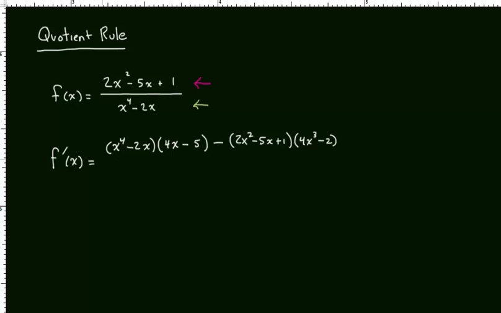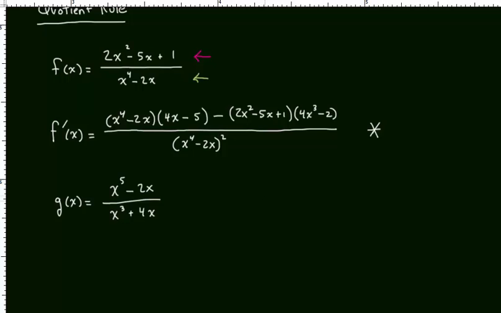And then notice when I said all over, that's reminding you to do the whole thing over the bottom squared. And that's our answer. Again, I would like you to leave it unsimplified.